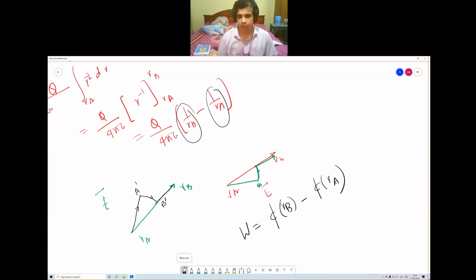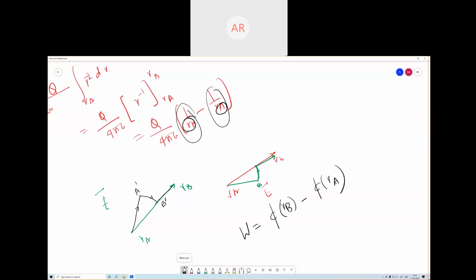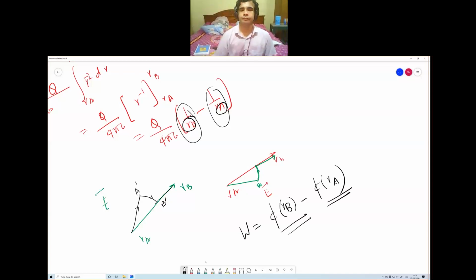Is it okay? This W depends on RB and RA only, and of course Q is there. Correct? Yes, sir. So can we write it as functions of this and this?